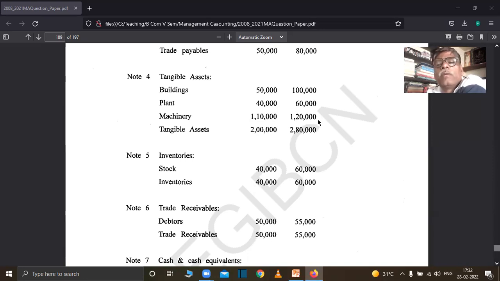If there are any adjustment, you make the adjustment and ascertain the exact amount. Okay. Then inventory stock 40,000, 60,000. Increase in the stock comes in the decrease column. Decrease of stock. Debtors 50,000, 55,000. 5,000 increase comes in the decrease.